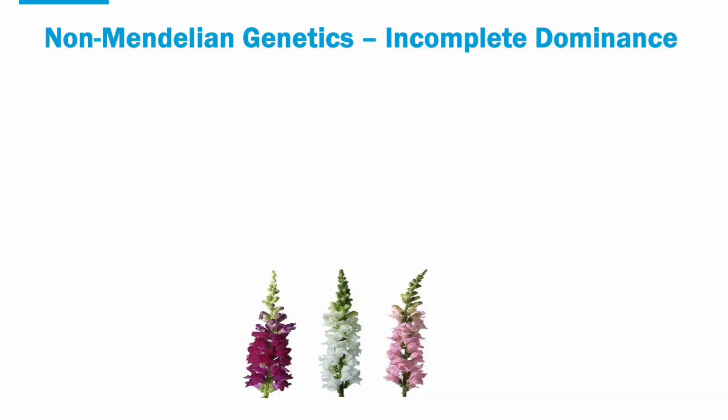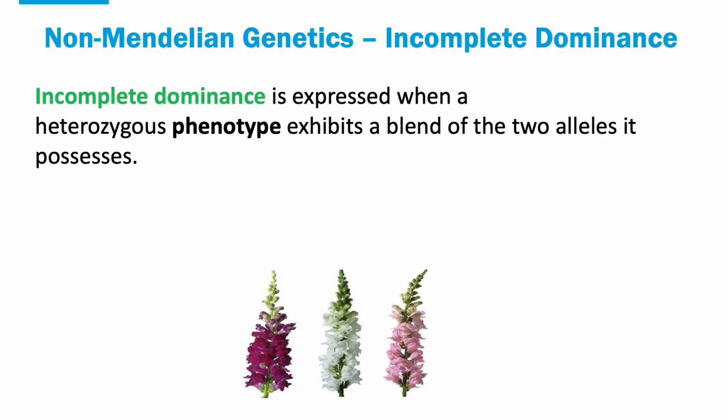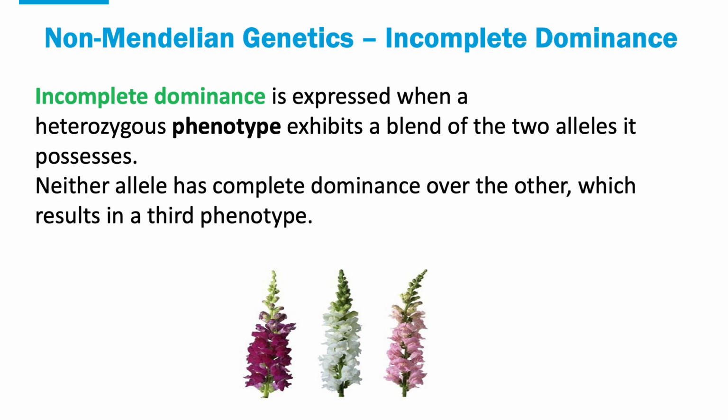Let's start first with incomplete dominance. Incomplete dominance is expressed when a heterozygous phenotype exhibits a blend of the two alleles it possesses. Neither allele has complete dominance over the other, which results in a third phenotype.